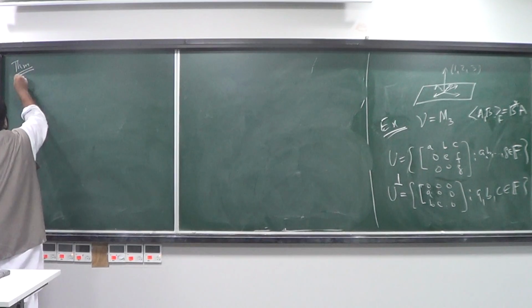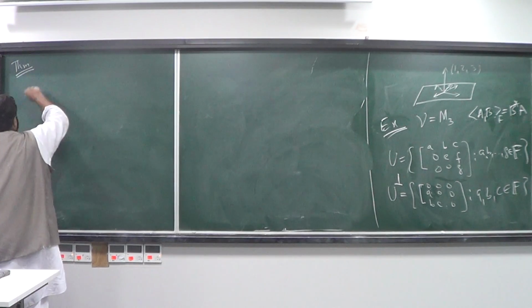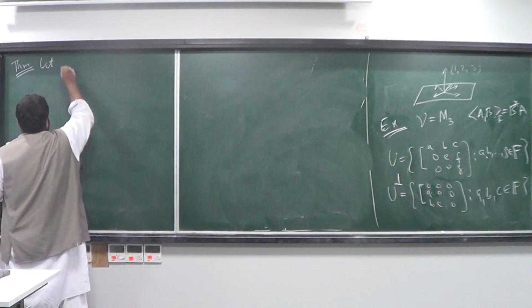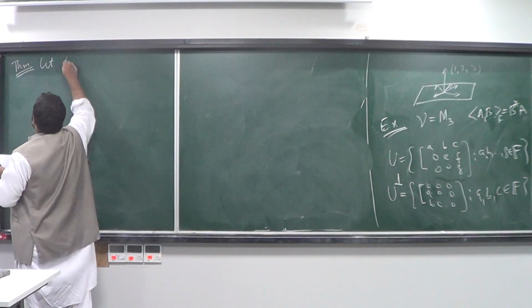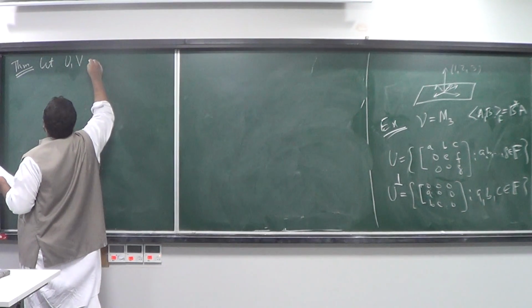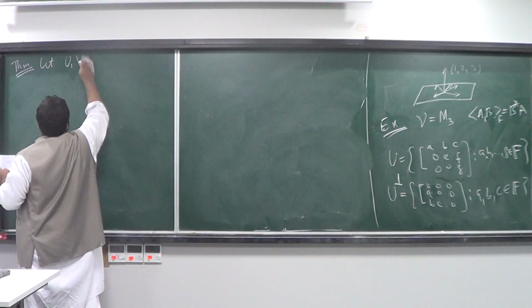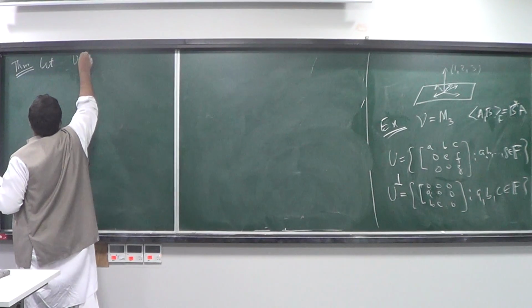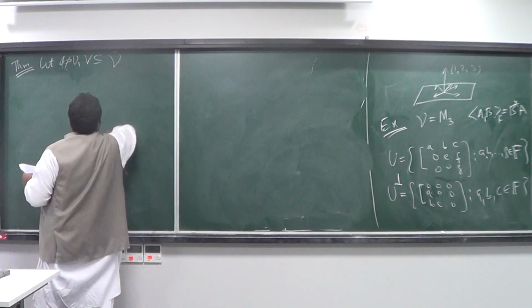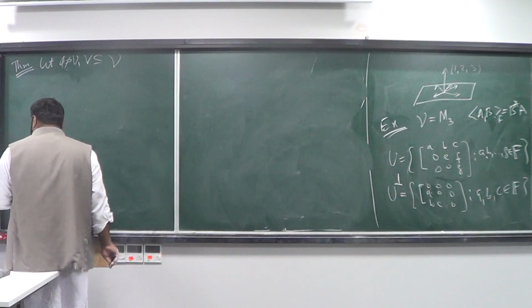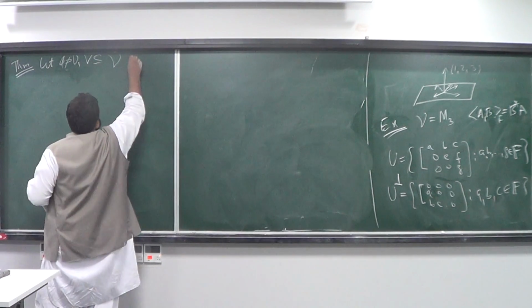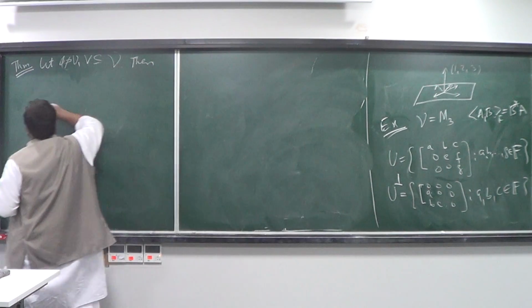If U and V are two non-empty subsets of the inner product space calligraphic V, then you have the following.